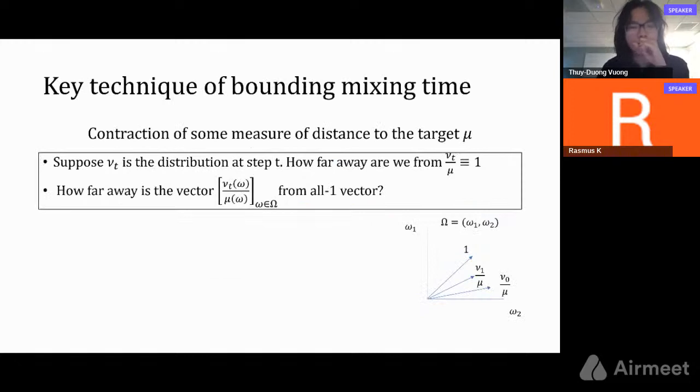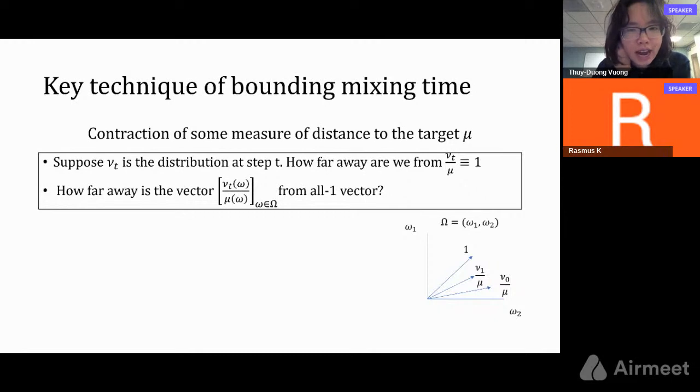So what is the tool we use to solve this? The technique of bounding the mixing time of a Markov chain is to show contraction of some measure of distance to the target mu. Suppose that nu_t is the distribution at step t of the Markov chain. So after applying the rule for t steps, we arrive at the distribution nu_t.